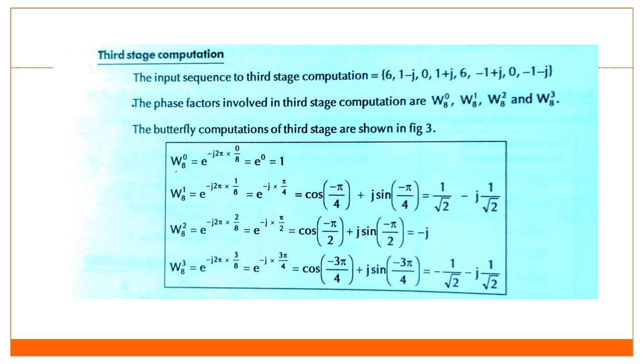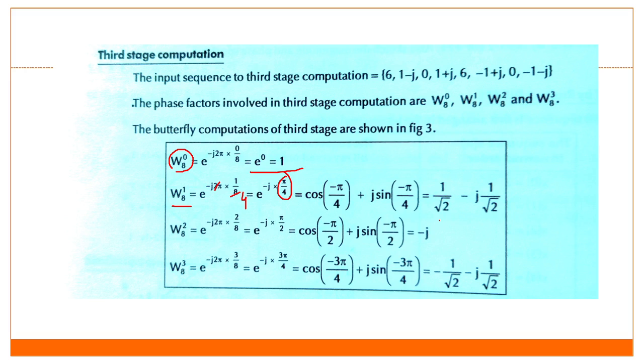So W8 raised to 0 is how much? 1, e raised to 0. So W8 raised to 1 is how much? You have written over there e raised to minus j 2 pi 1 by 8. So if I calculate this, I will get pi by 4, so e raised to minus j pi by 4. Splitting into cos and sin, cos pi by 4 minus j sin pi by 4.